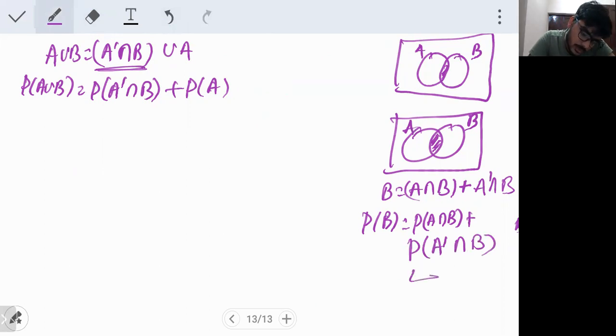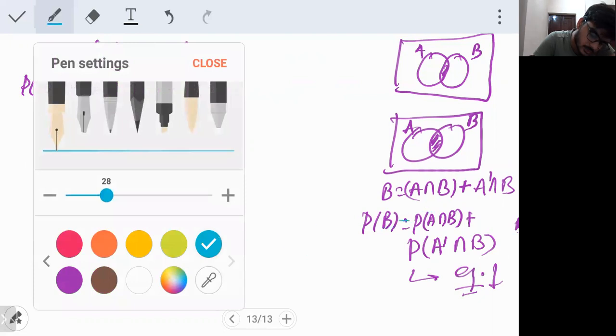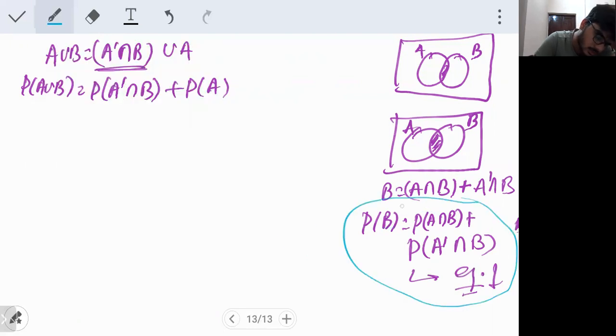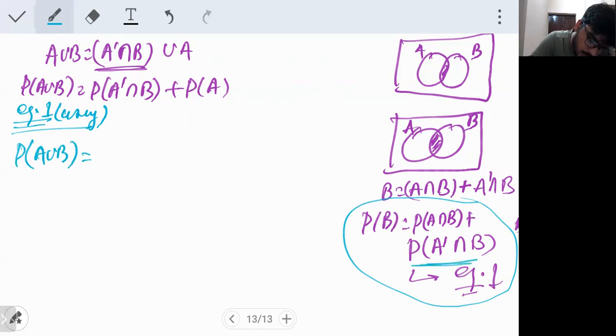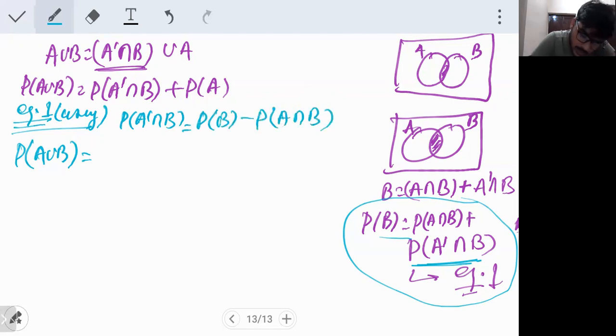So can we use this equation over here? Let me write down, using this equation 1, what we will write is probability of A union B. If we have to define this portion, probability of A dash intersection B will be equal to probability of B minus probability of A intersection B. Can we write it?